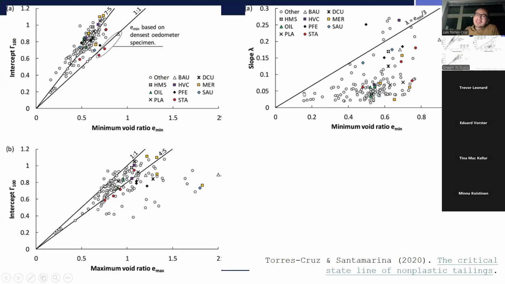But this is acting not as a best estimate of lambda, but rather as an upper limit, an upper bound for what you might expect lambda to be. So let's say that your minimum void ratio is 0.4. So this is telling us that you should not be expecting to see a lambda that is higher than about 0.14.